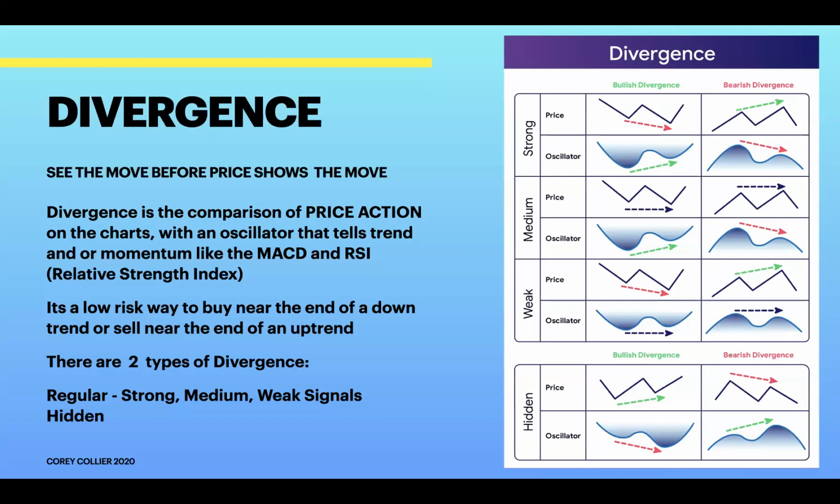You will have price show you the higher low, but the second low on the oscillator will actually be a lower low. Okay, so they're kind of opposite, right? And it's the exact opposite for the bearish. You'll have a lower high, but on your oscillator, you'll have the highest high. And that's hidden divergence. I'm going to show you guys this on all the charts.